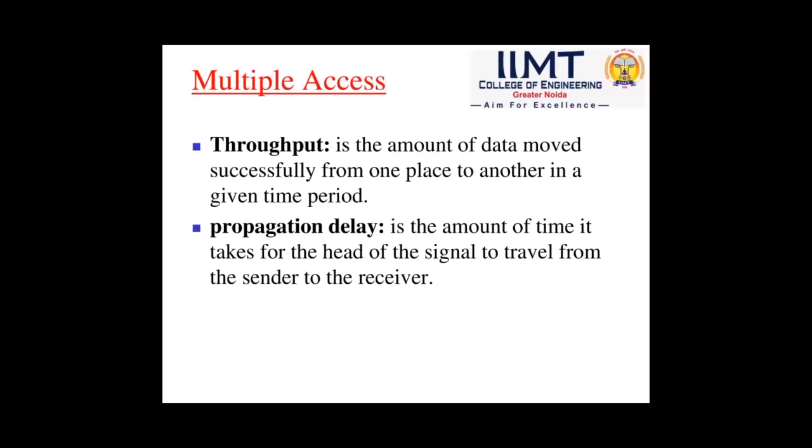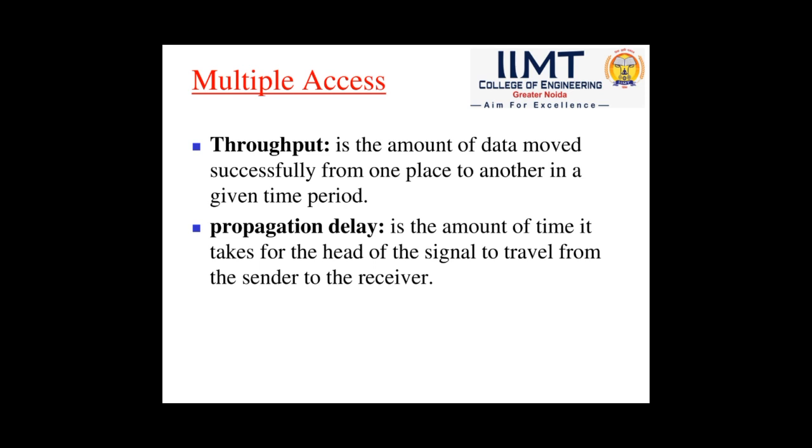Now here there are two factors. The first one is throughput and the second one is propagation delay. Throughput is the amount of data moved successfully from one place to another in a given time. Whatever data we send from sender to receiver, it may happen that frames get lost during the transmission.